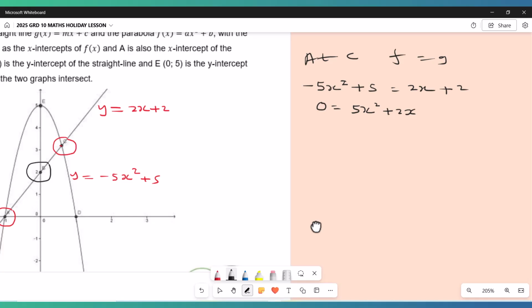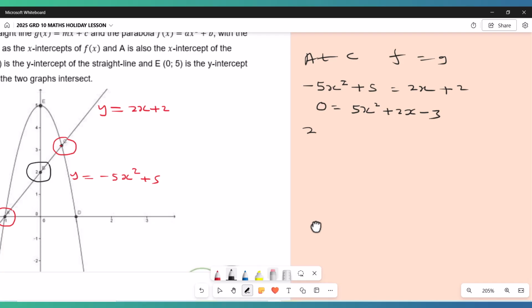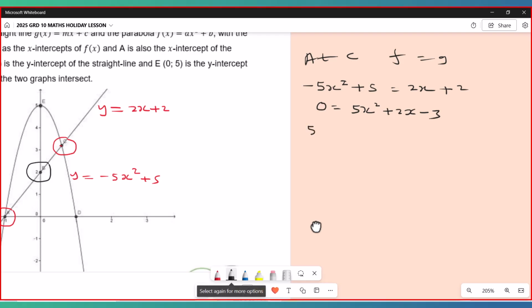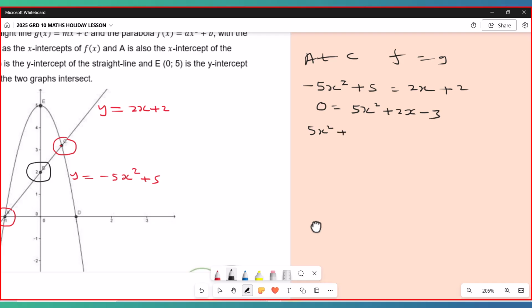You get minus 3. So actually I'm going to solve this equation: 5x squared plus 2x minus 3 equals 0.